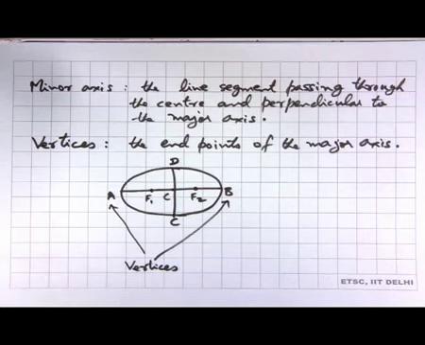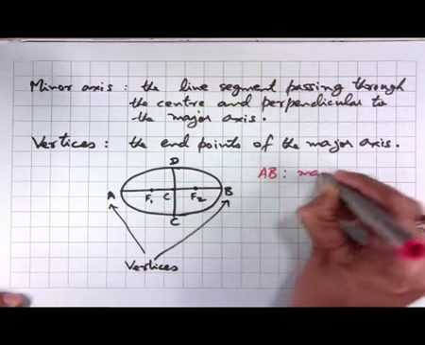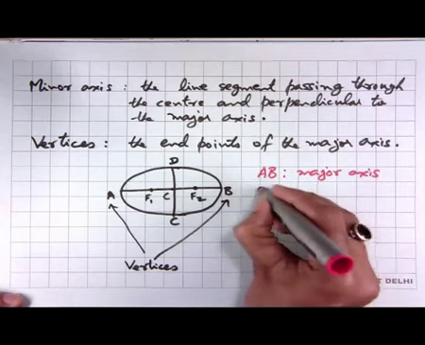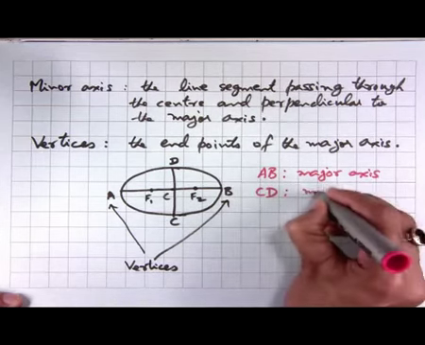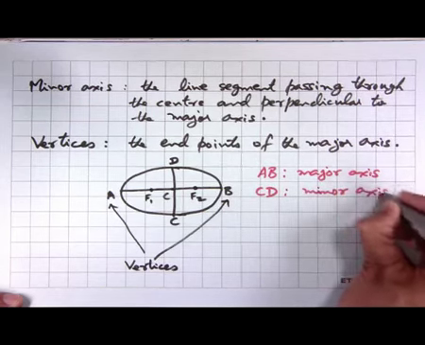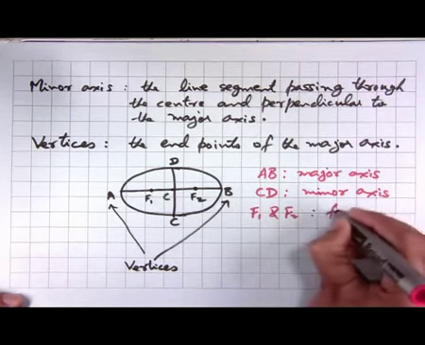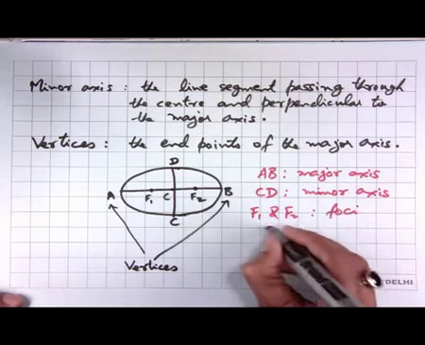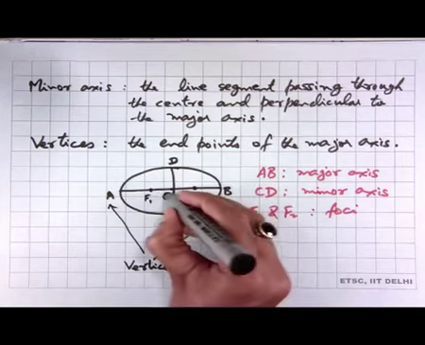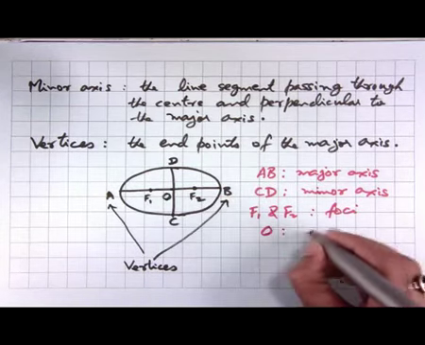AB is the major axis, CD is the minor axis, F1 and F2 are foci, and let us call this point O the center. So, O is the center.